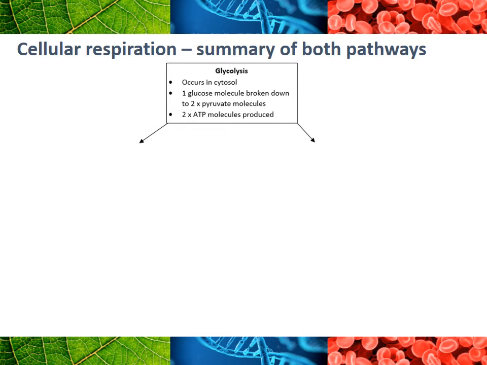So you notice at the start, we're looking here at the processes now of cellular respiration, how it all happens. At the start, we have a process called glycolysis. Now, whether it is aerobic or anaerobic respiration, glycolysis always happens first, okay? And we'll go through the steps of it in a second, but glycolysis is always the first step.